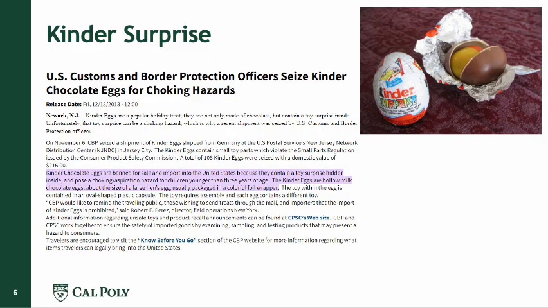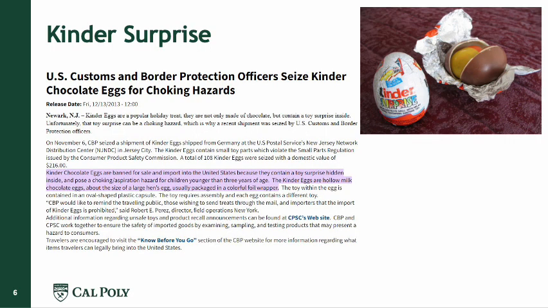There has been a long history of things that have happened to consumers. For example, in Kinder Surprise, there was a lawsuit. A U.S. customer sued the company because the chocolate eggs contained toys that were considered choking hazards.